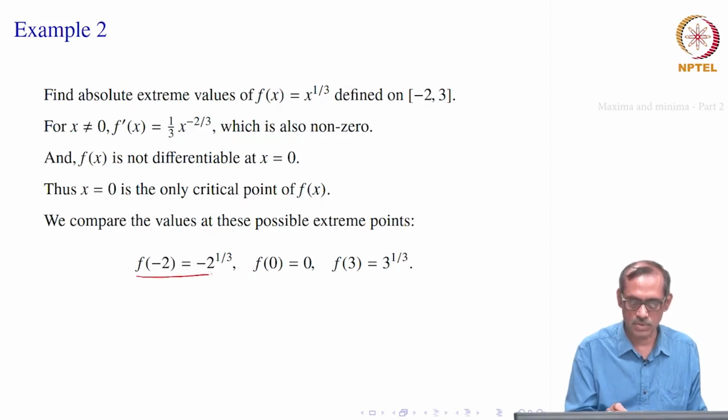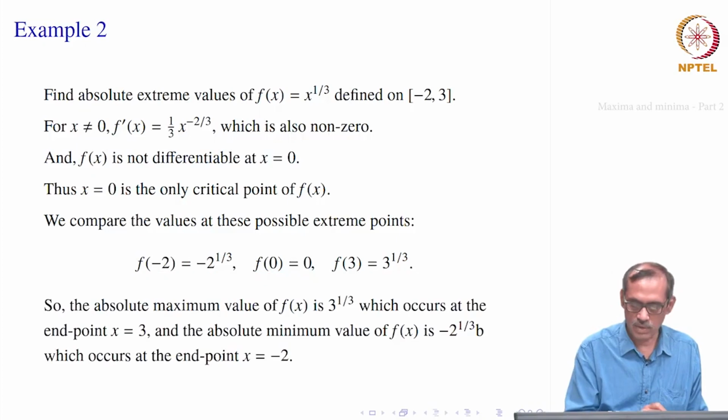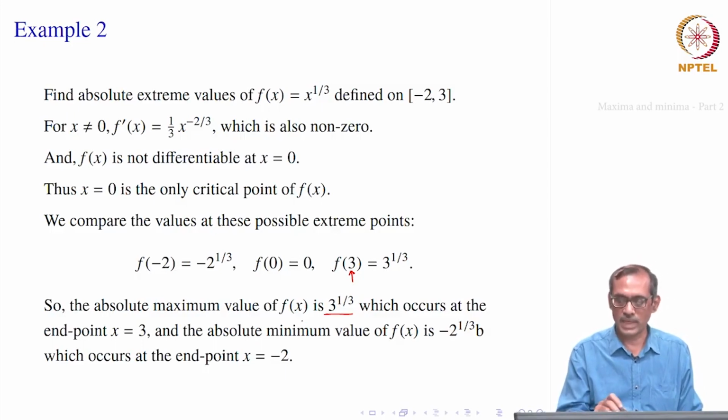f of minus 2 is minus 2 to the power 1 by 3, f of 0 is 0, f of 3 is 3 to the power 1 by 3. Again you get the maximum value as 3 to the power 1 by 3, which occurs at 3. So, we say that the maximum value of f x is 3 to the power 1 by 3, and the point of absolute maximum is 3.